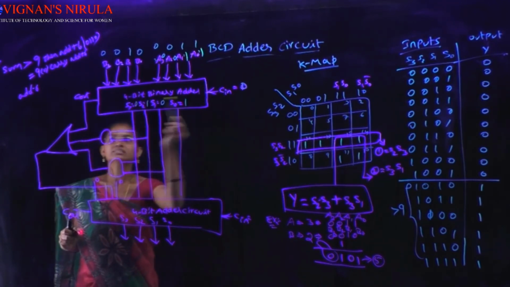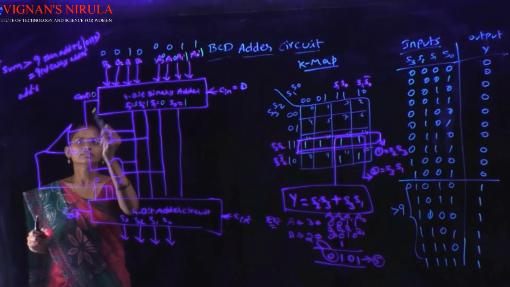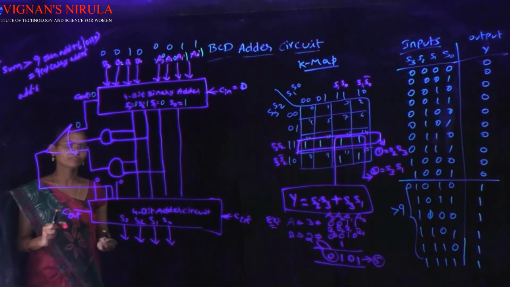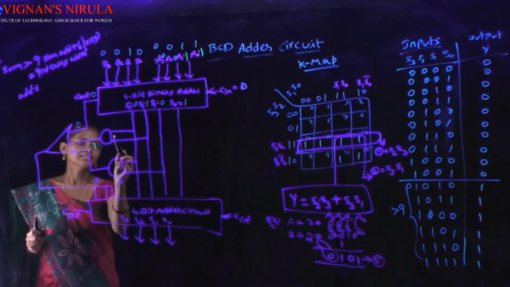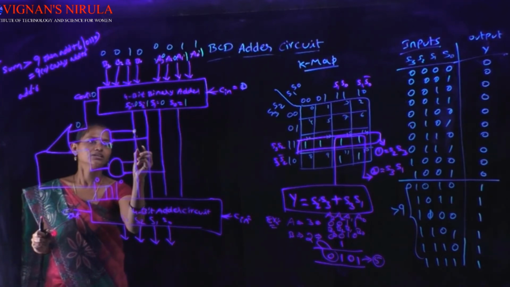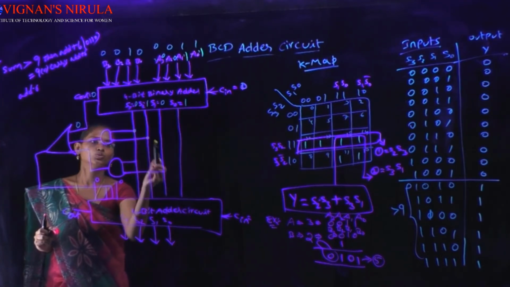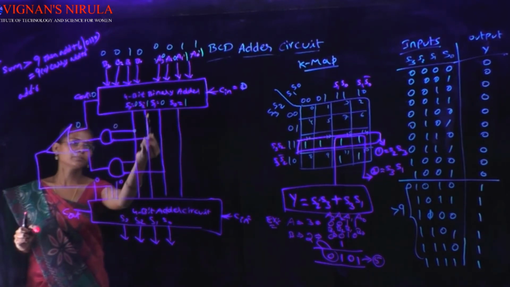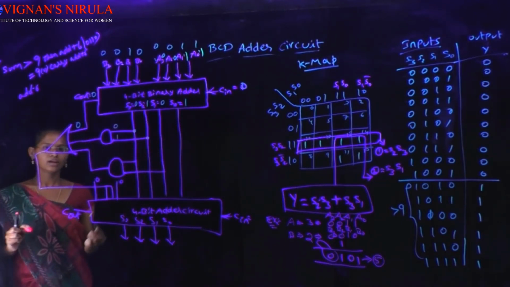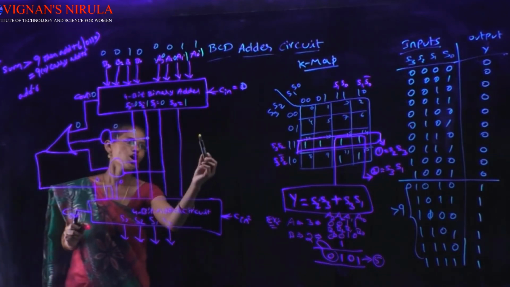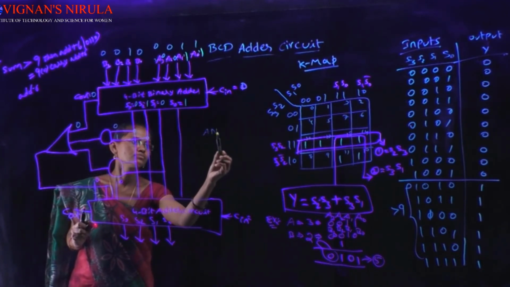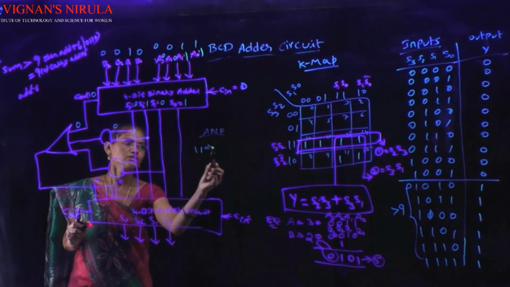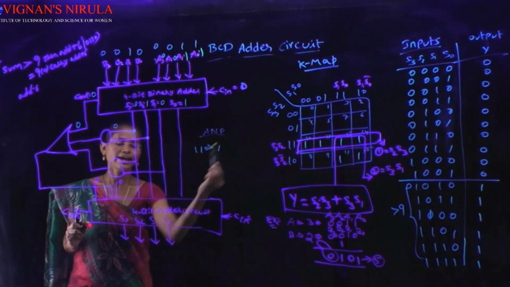Here the carry is connected with the OR gate. This is the carry out, which is 0. This AND gate has S3 and S2, where one bit is 0 and the other is 1. In an AND gate, if both inputs are high, then the output is high.